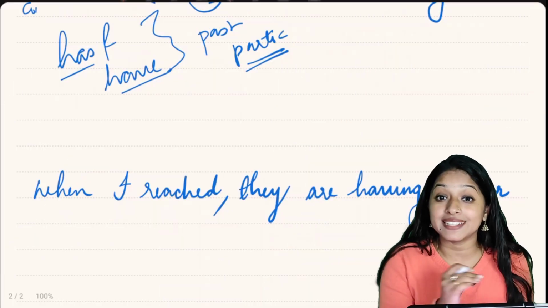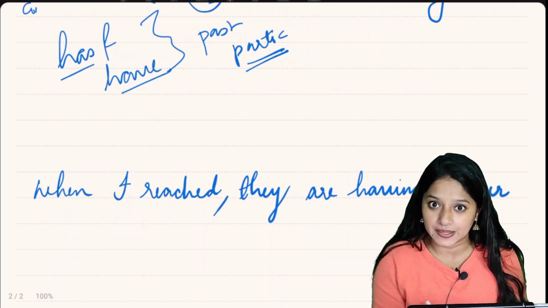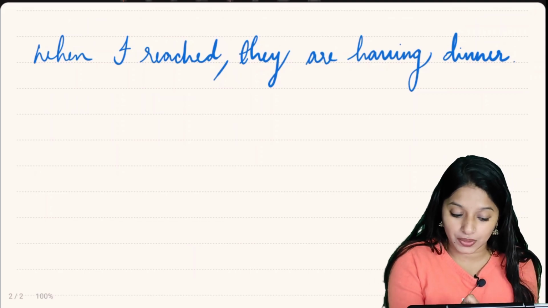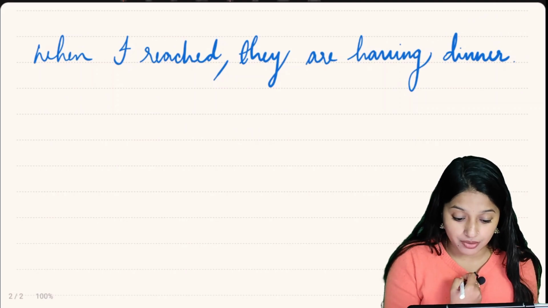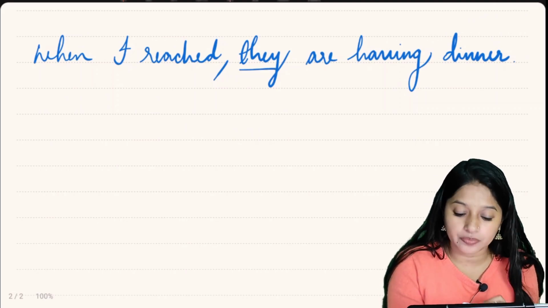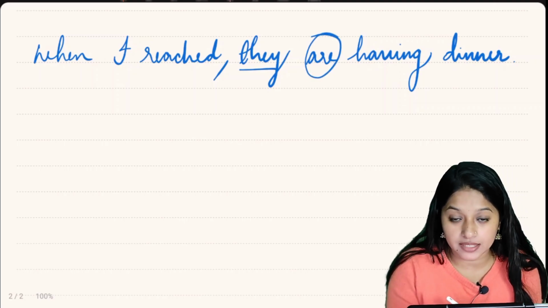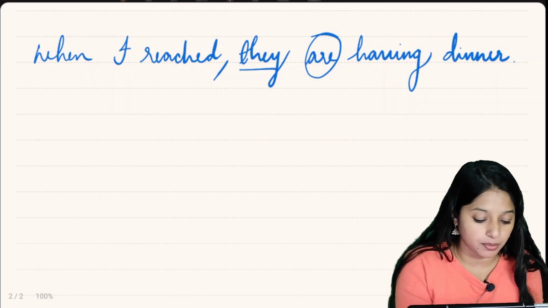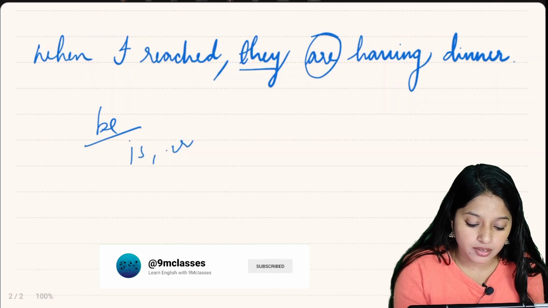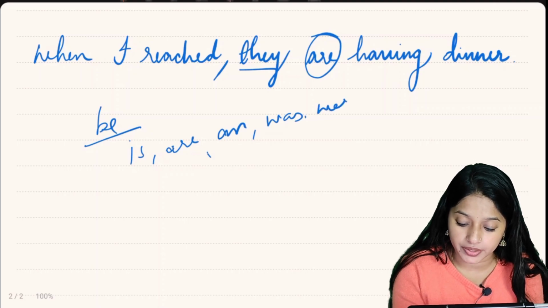So let's move on to the next sentence, that is, when I reached they are having dinner. So what is the problem with the sentence? Okay, with they, the auxiliary verb are is again the be form of the verb. Be forms of the verbs are is, are, am, was and were, right?